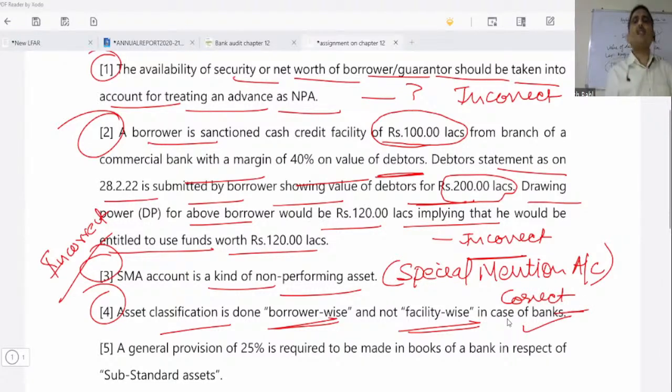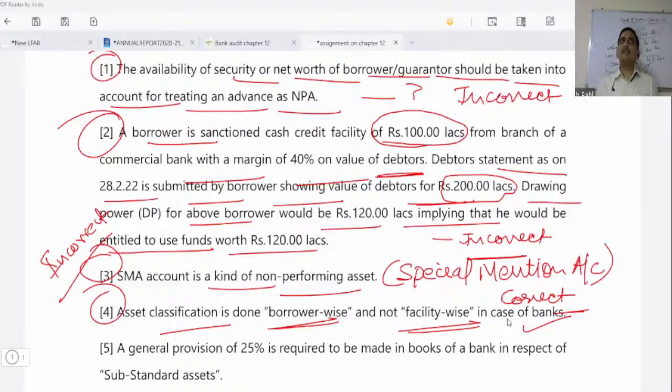Asset classification is done borrower wise always, not facility wise. We had discussed that say if a person is having a car loan and a housing loan, and in the car loan installments are coming, but in the housing loan these are not coming. So both the loans would be classified as non-performing.